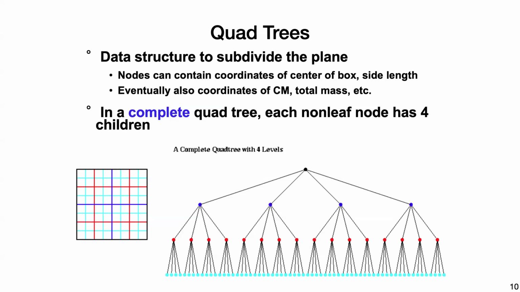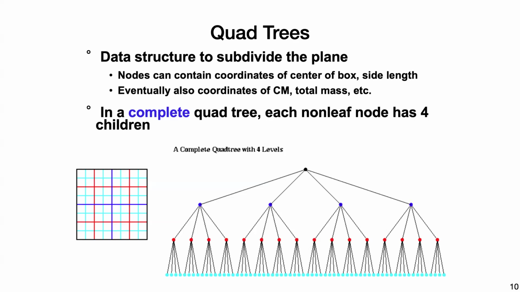Are we calculating the center of mass from the points inside the box, or from the box itself? Good point. So the question was whether we are computing the center of mass from the points or just the bounding box itself. At the lowest level, we have to do it from the points because there's no lower information to use, so you directly compute the center of mass and the total mass.